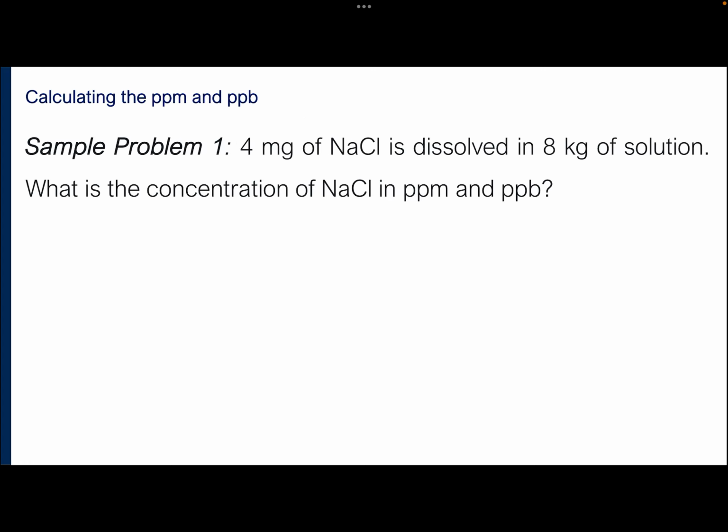Okay, let us have an example. So, 4 mg of NaCl is dissolved in 8 kg of solution. What is the concentration of NaCl in ppm and ppb?